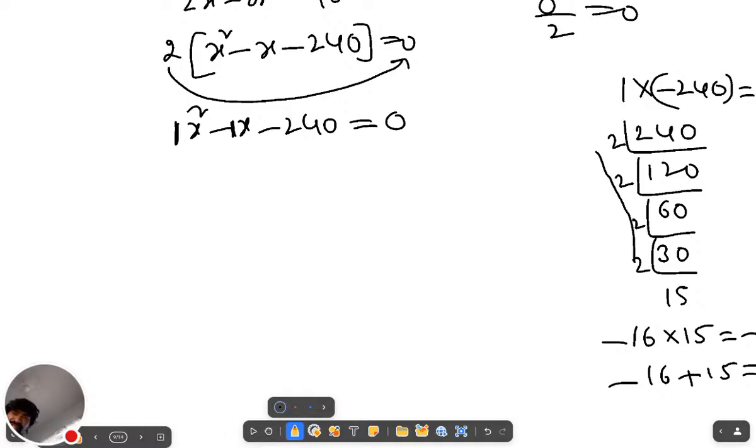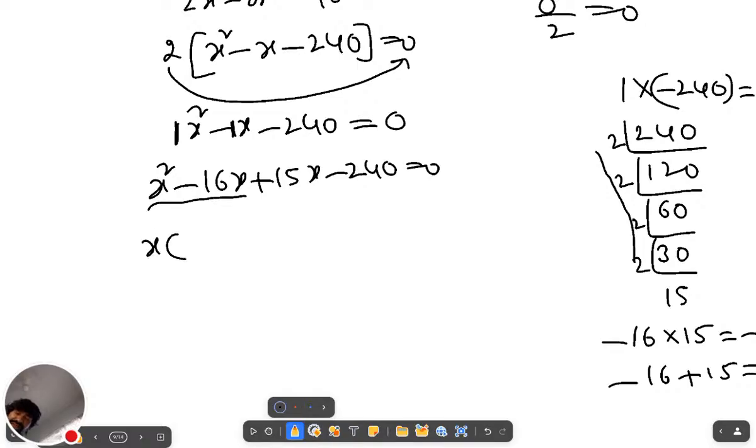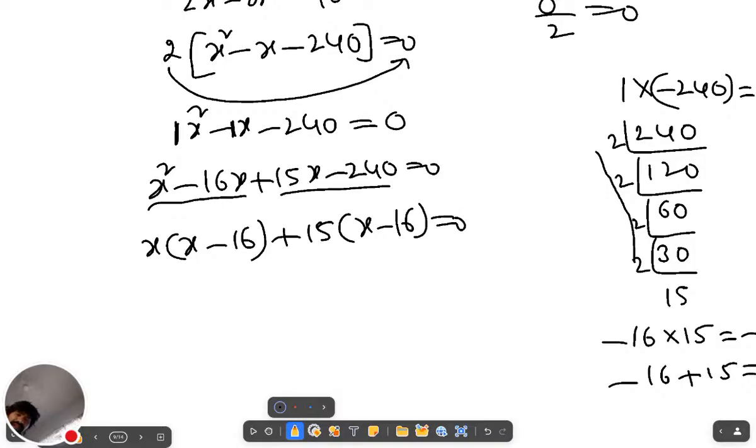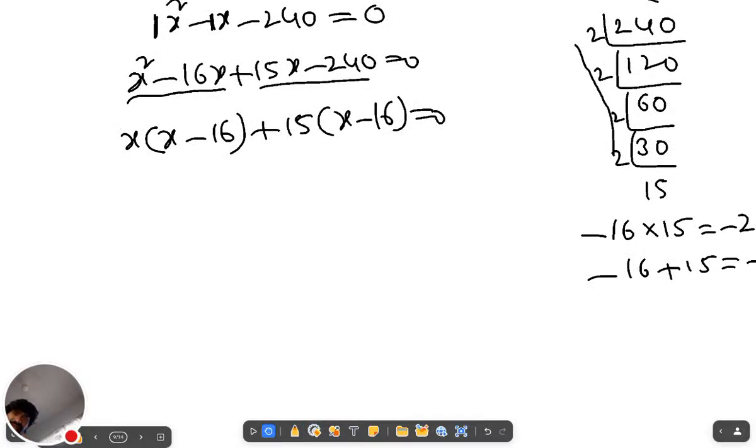So we can split the middle term x as minus 16x plus 15x, minus 240 as it is. From the first two terms we can take x common, and we will have x minus 16. From the next two terms we can take 15 common, and we will again have x minus 16. Again, take x minus 16 common.